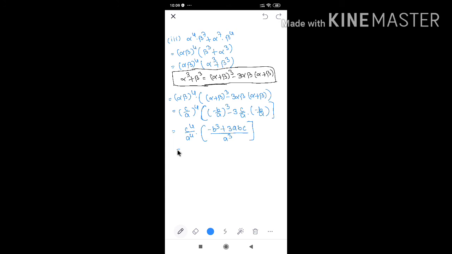And write in order c power 4 by a power 4 into 3abc minus b cube by a cube. In this nothing is there to take common, you need to leave up to here only. Now coming to the fourth one.